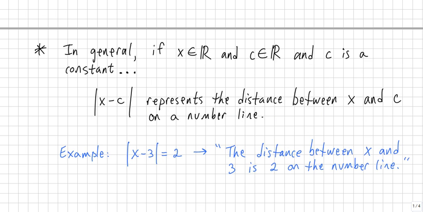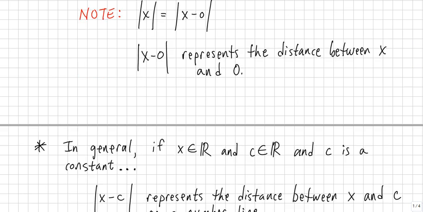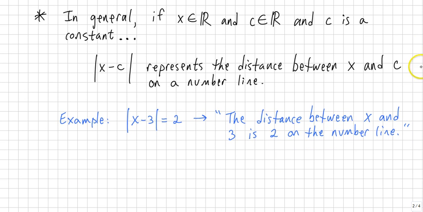Just as up here, the absolute value of x minus 0 represented the distance between 0 and x on the number line. So it doesn't have to be 0. It could be x minus some other real number, and then the absolute value of that will be the distance between x and that number on a number line.